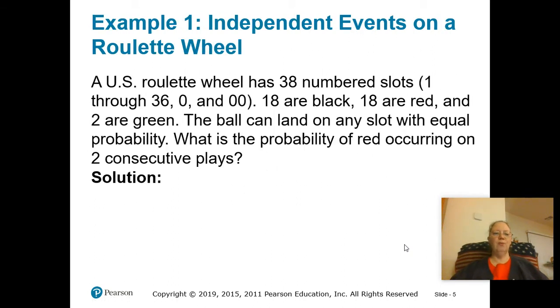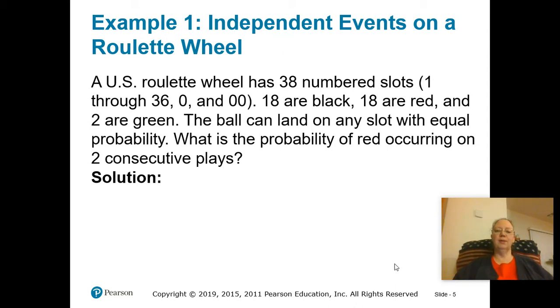All right, we've got a roulette wheel, and it has 38 numbered slots, 1 through 36, and then the 0 and the double 0, 18 of which are black and 18 of which are red, and then we have 2 green ones. The ball can land on any slot with equal probability.